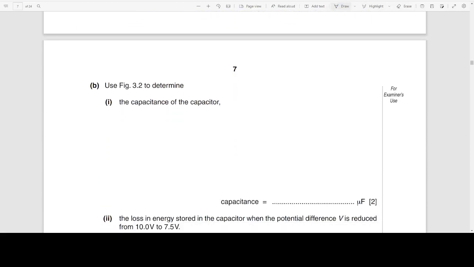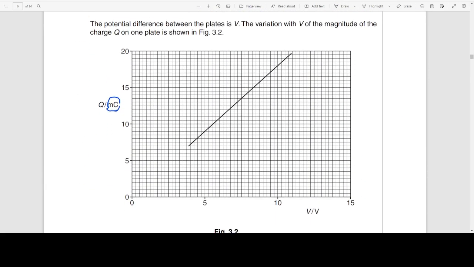Use figure 3.2, which is the graph, to determine the capacitance of the capacitor. So we know that Q equals CV, so capacitance is dQ by dV, or the gradient. So let's take 2 points and calculate the gradient. I'm taking this point and this point.